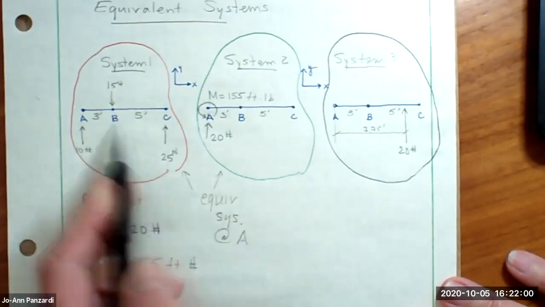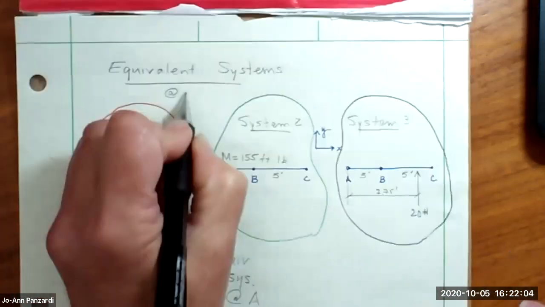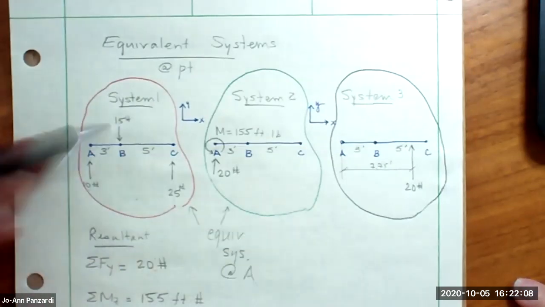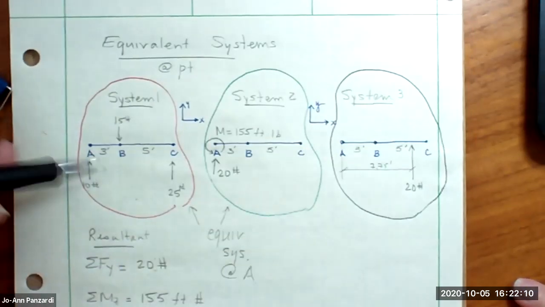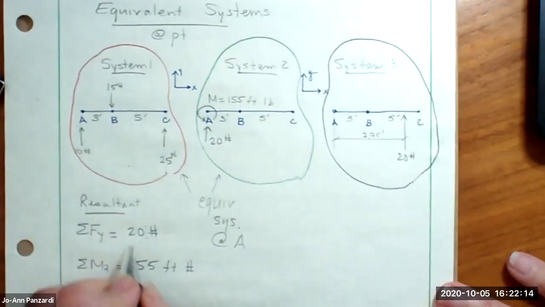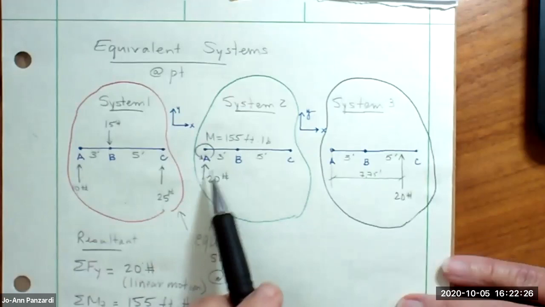Because in this case, we're trying to find equivalent systems at point A. Point A is experiencing the same translational motion and the same rotational motion, right? Because the sum of the forces in the Y leads to linear motion, and the sum of the moments in the Z is rotational motion. And that's the same thing that I'm experiencing in system 2.